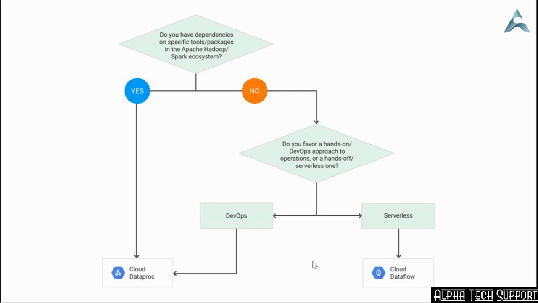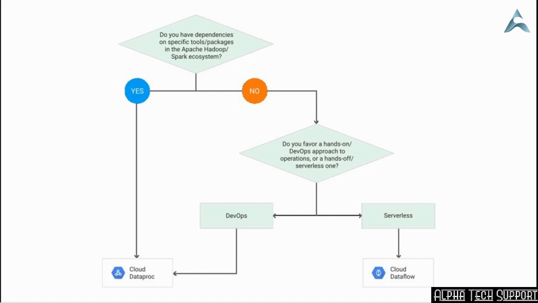If you have some specific dependency for running your workload, then you should go with the Dataproc cluster, because in the case of a Dataproc cluster, you have more flexibility in configuring your Dataproc clusters or VMs as compared to Dataflow. Cloud Dataflow is a serverless option, so you do not have much configuration option in this case.